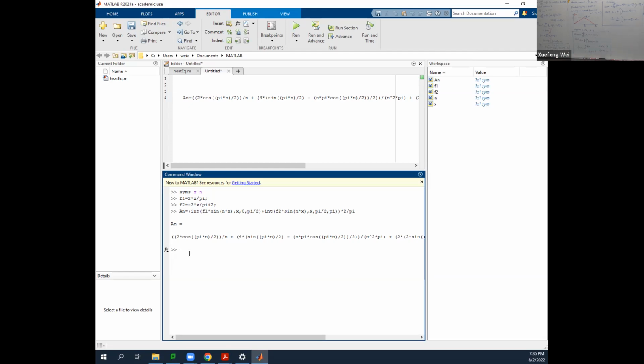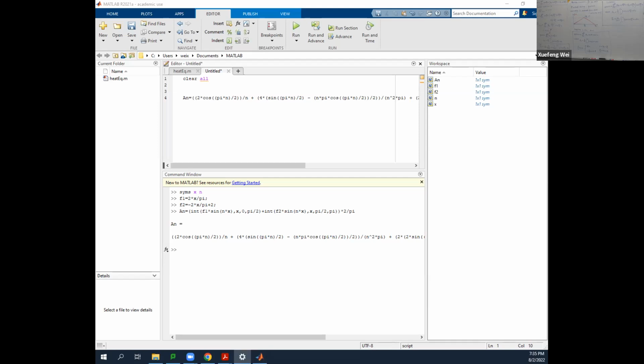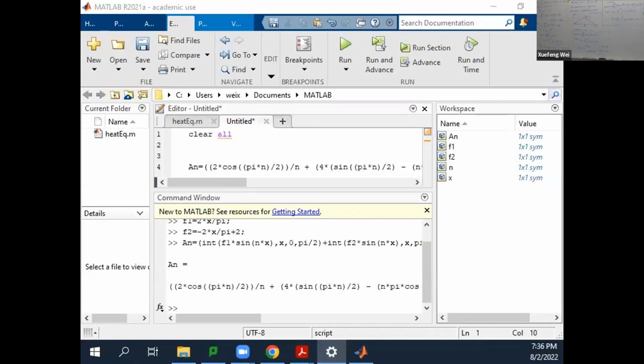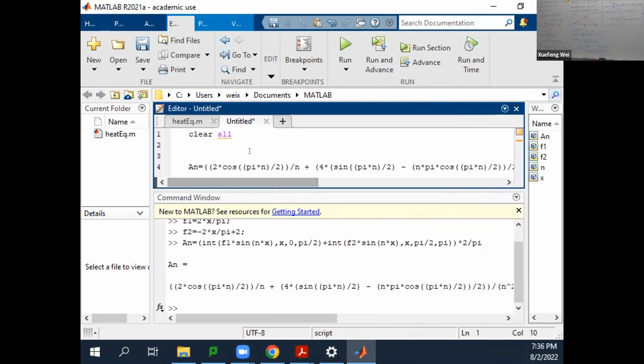Okay, so that's my an. I copied it here, so I'll do the programming now. Here, clear all. And this is actually very clear. Okay, clear all.